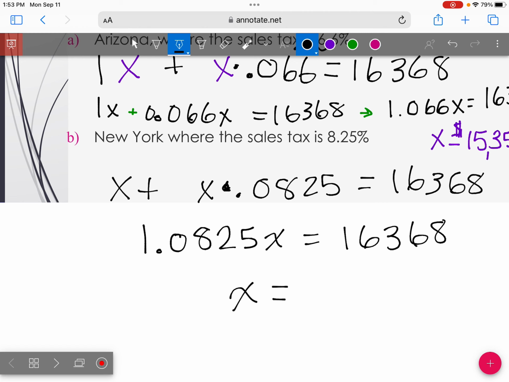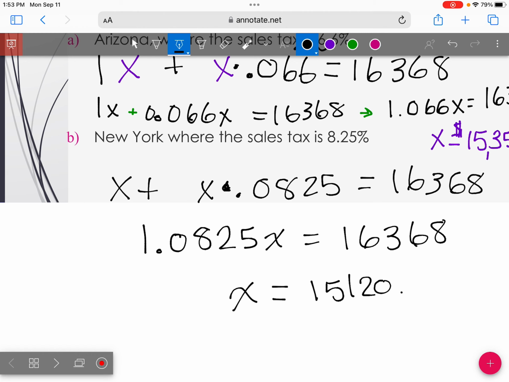What did our friend in New York have listed on the window in her car? 1,120. I have 0.55, but that doesn't mean I'm right. So let me do it real quick. 16368 divided by 1.0825.